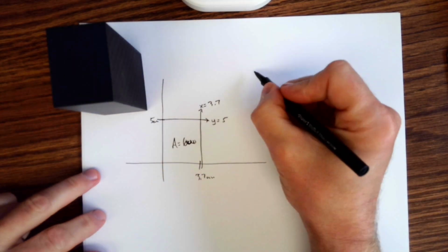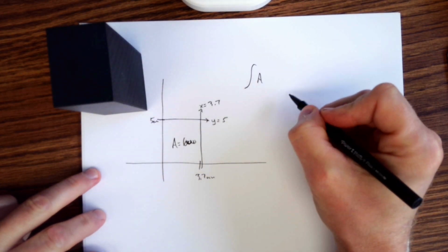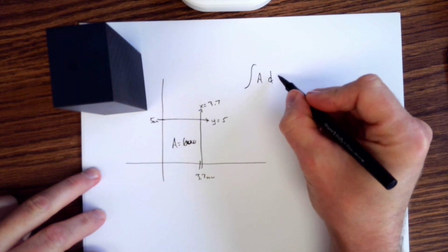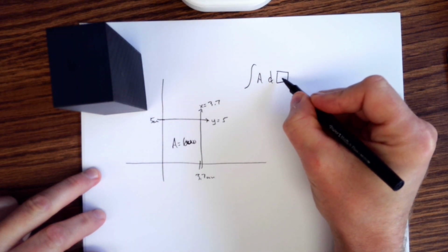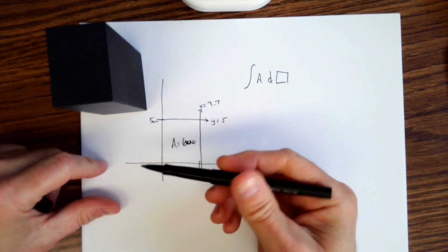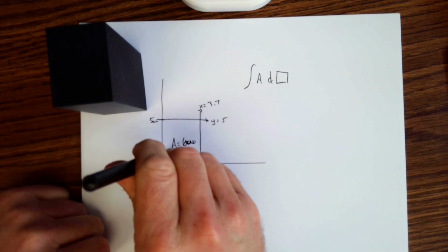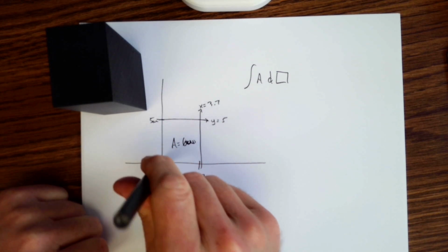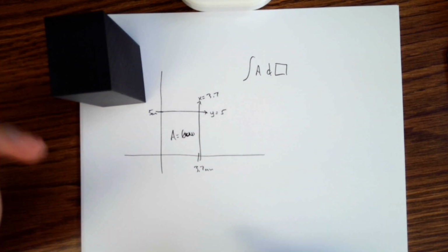So in this instance, when we integrate this, we still need to integrate the area according to a particular variable, however we're doing that. In this case, we might be thinking about it coming up out of the paper, so maybe we're dealing with the z-axis instead of x or y.